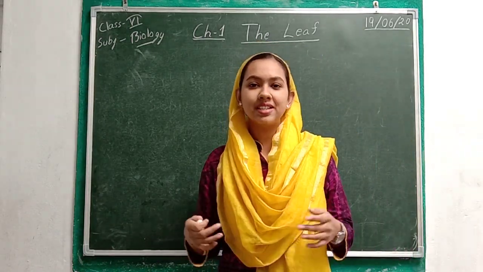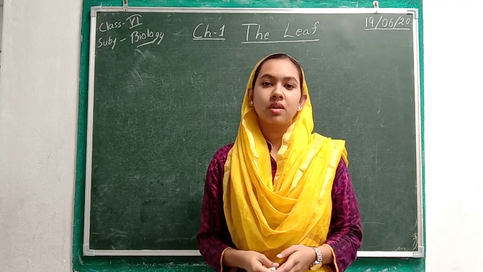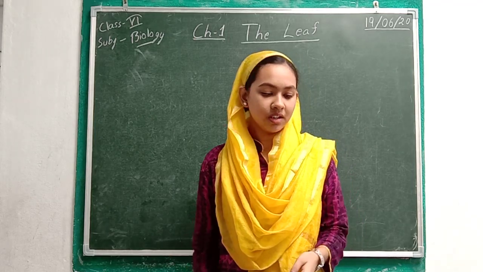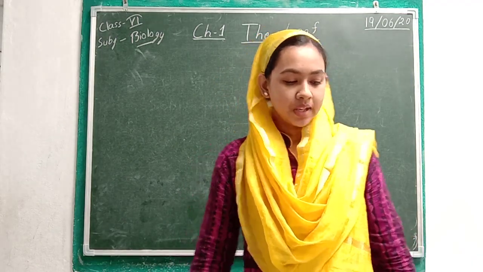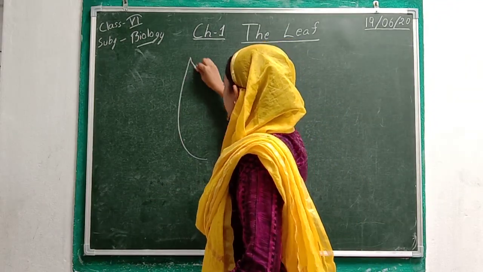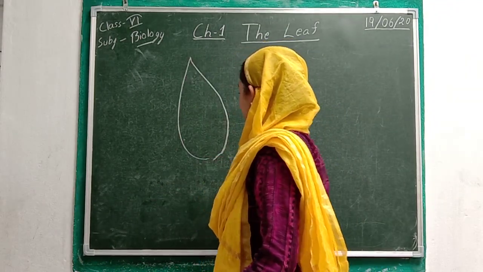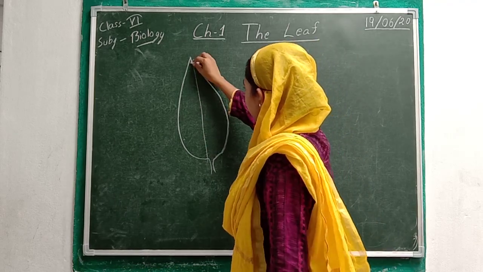So we will basically see what is a leaf, we will talk about its structure, its type, its functions, and a lot more. So let's go to the chapter and let's see first. Now, when I talk of leaf, something like this kind of an image might come into your mind.